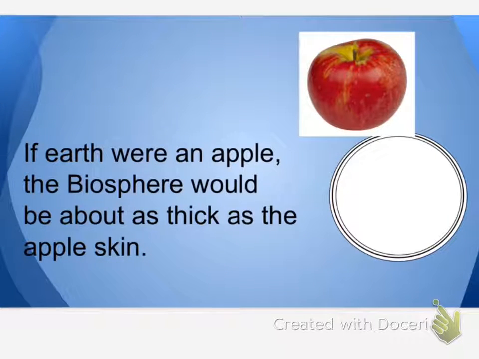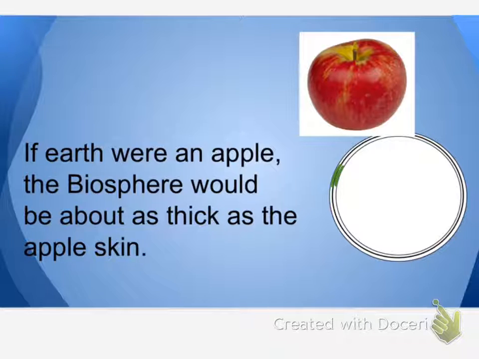And yet, despite that fact, when we put it in context and scale, if we turn the whole Earth into an apple, the biosphere is pretty darned thin. Well, I mean, the biosphere is made up of billions upon trillions of parts.